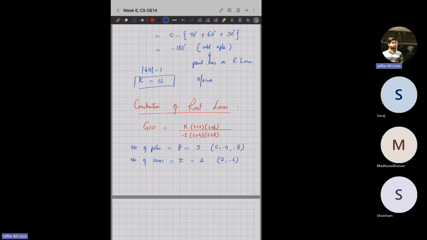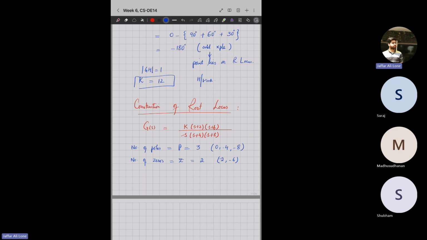There is still 1 branch left, because the root locus starts from a pole and terminates at a zero. So 2 branches will start from the poles and terminate at the 2 zeros, but there is again 1 branch. Where will that terminate? It terminates at infinity, because we can treat infinity as a virtual zero. And how does it terminate at infinity?